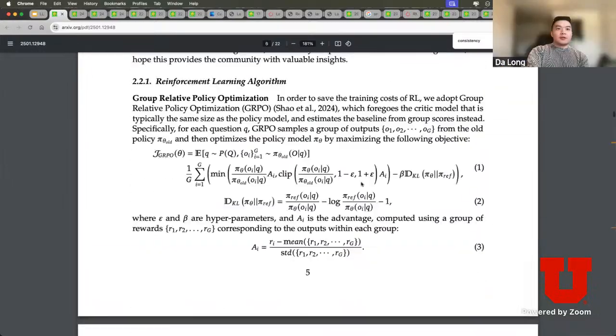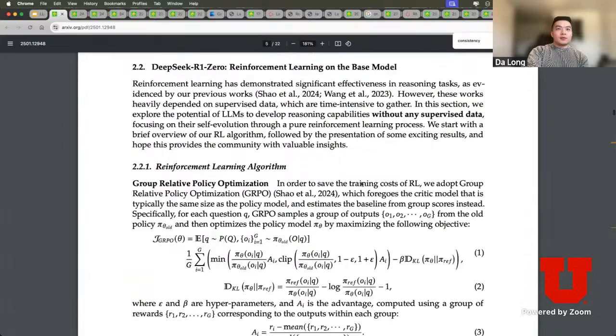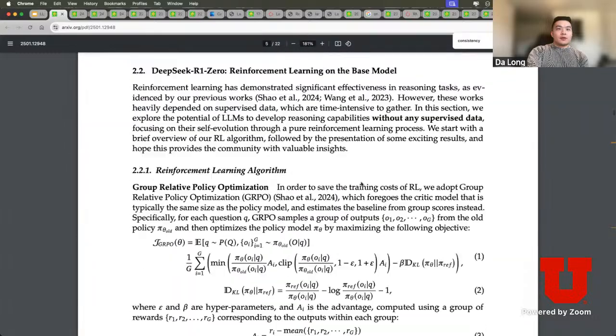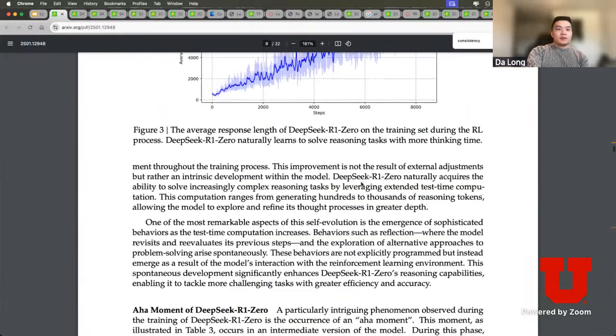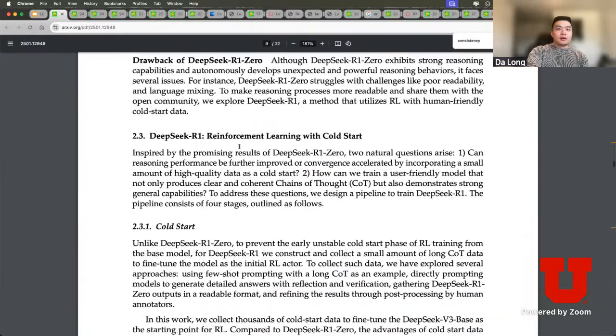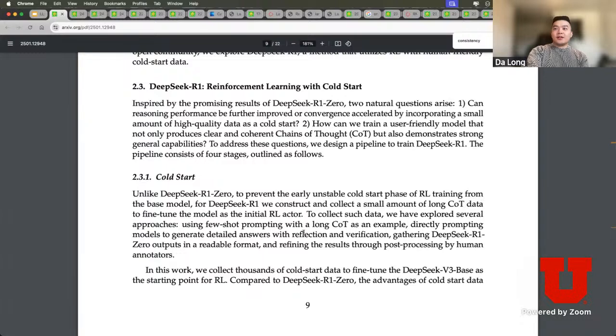So next, let's see. Section 2.3. Okay, in the next version they are trying to train DeepSeek R1. But this time they are not purely doing reinforcement learning.